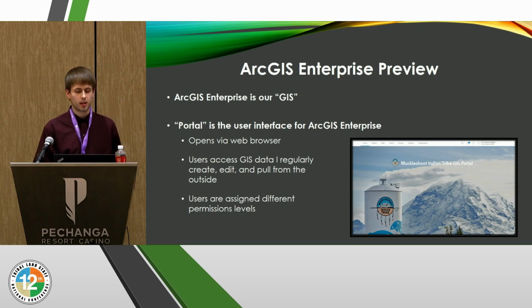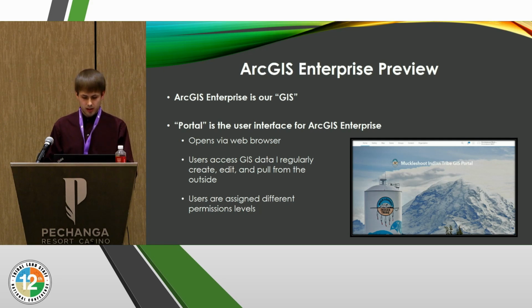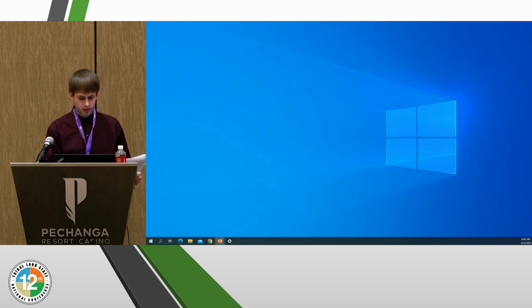So even though I might upload one data set, there are many ways to give certain users certain roles to not edit that data or to maybe look at just a specific part of that data. So just because you upload one data set doesn't mean everyone has all their eyes on it all at the same exact time. So now I'm going to go here and give a little demonstration.